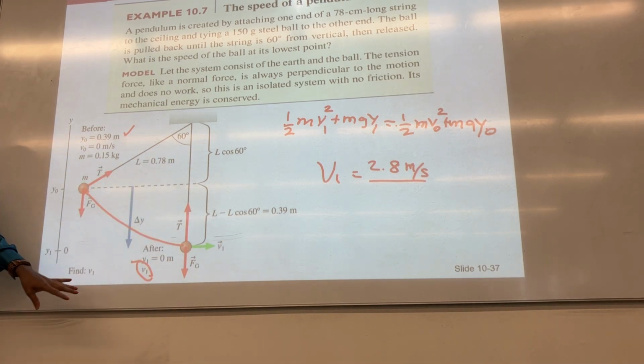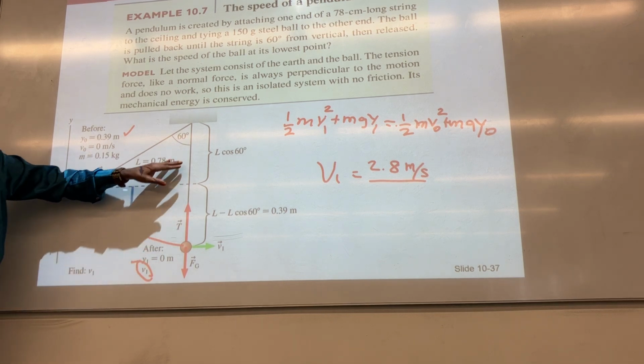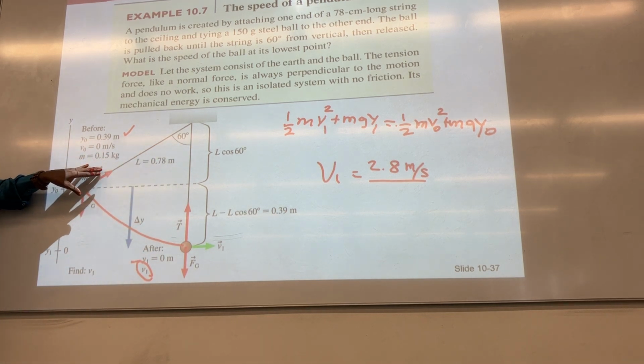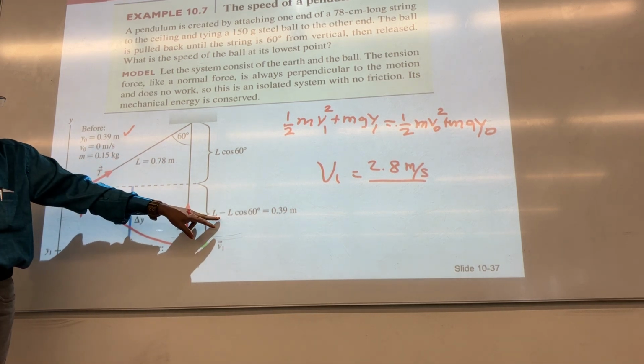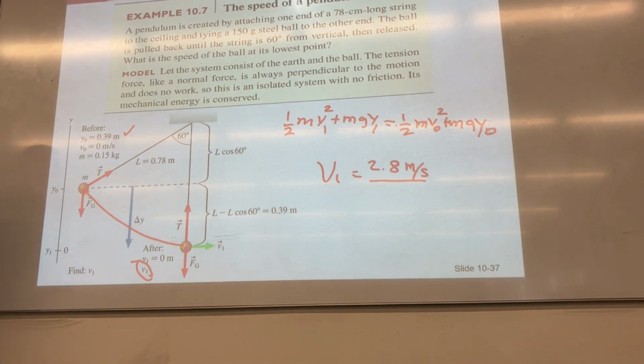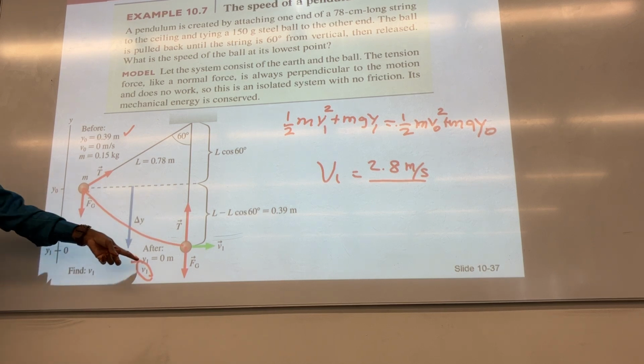That's one thing you need to know, how you can get this length trigonometrically. The reason is you need to find the height from 0, y1. This is y1. That's a new y1, which is 0.